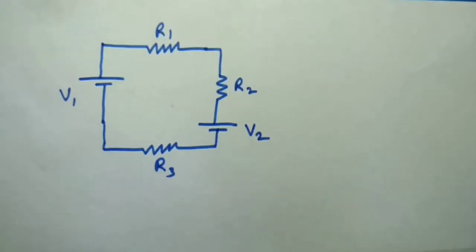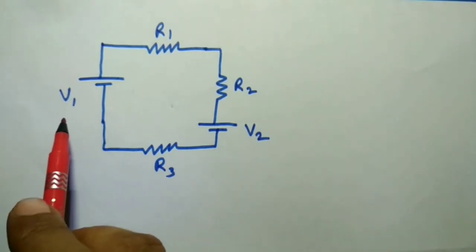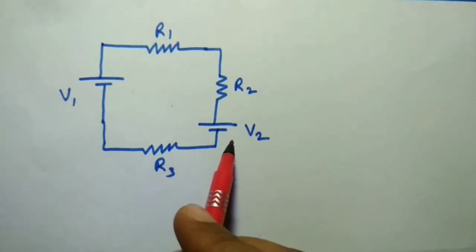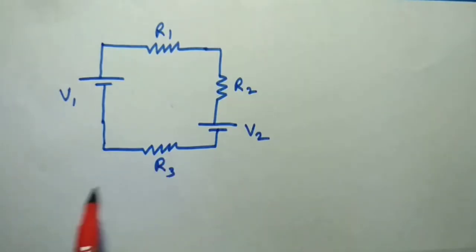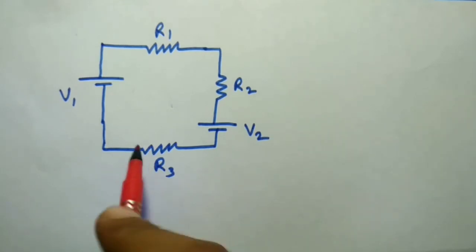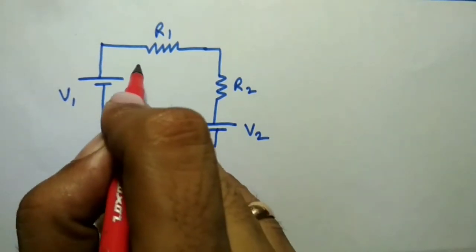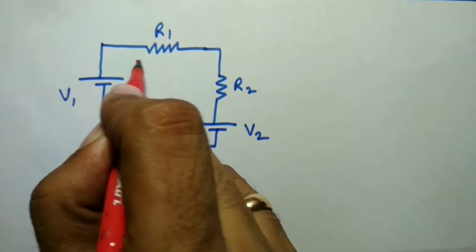Now consider the circuit. Here I have used two voltage sources V1 and V2, and there are three resistances R1, R2 and R3. Assume a current is flowing in this closed loop in clockwise direction.